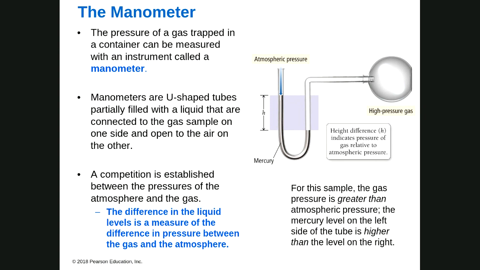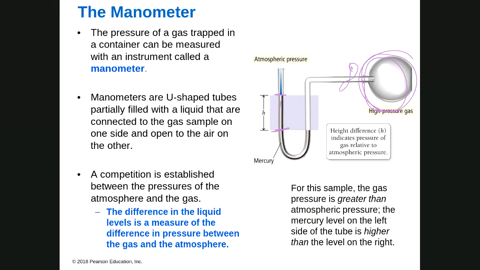So if you have a gas trapped in this container, I can open a valve or whatever, and I can see what it does to this tube. And the change in height of this tube is going to tell me what the difference is. So it has this U-shaped tube. You fill it with a liquid, you connect it to the gas here, and then you open it.